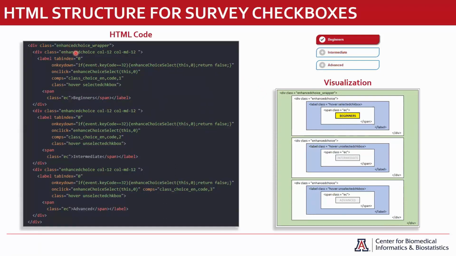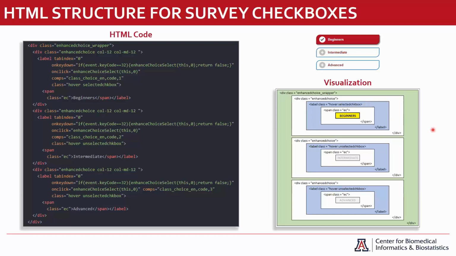They both have a class of enhanced choice, but you'll see the difference here is that where the other one was the selected radio, this one is selected checkbox. And that'll be important later on because we also want to specify between the radio button and the checkbox, because if you don't select the proper elements, you'll only apply the style to one and not the other. And we want both.